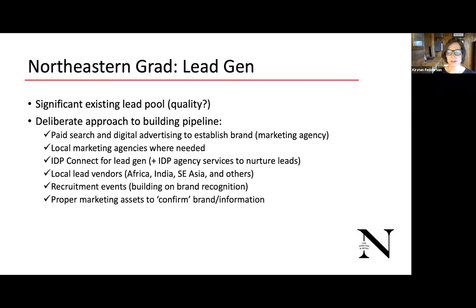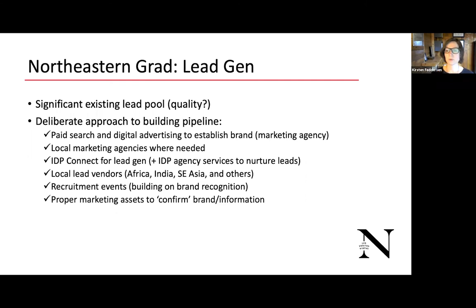And Laura, Ellie mentioned this earlier, having proper marketing assets is a really important piece in this regard, because I think what we sometimes see is that we make an effort to really establish the brand recognition and to get students in on the front end.